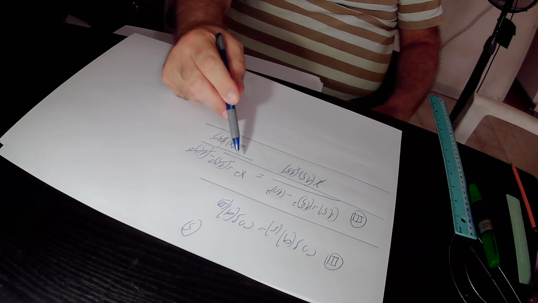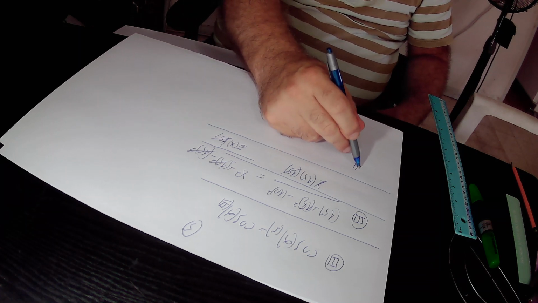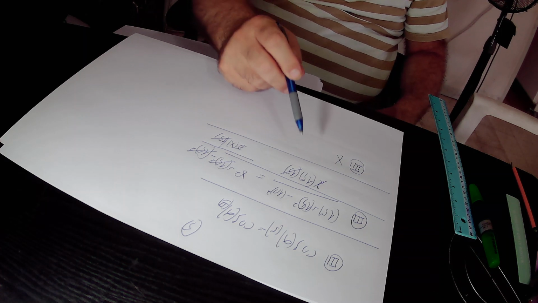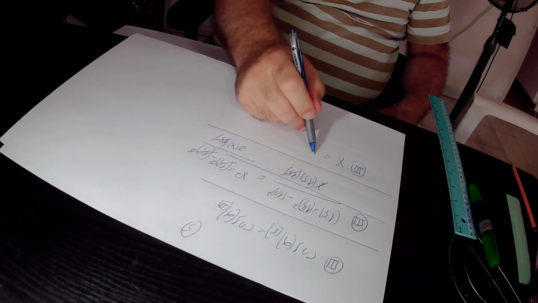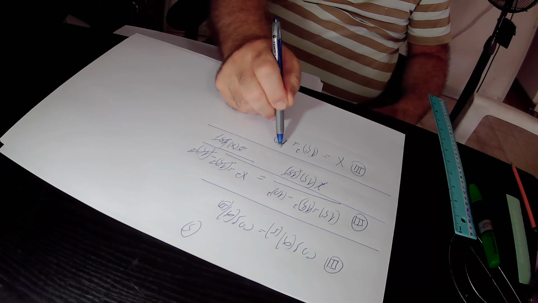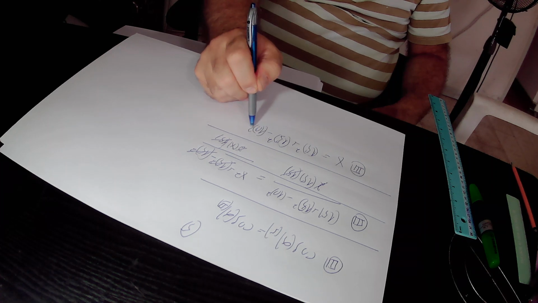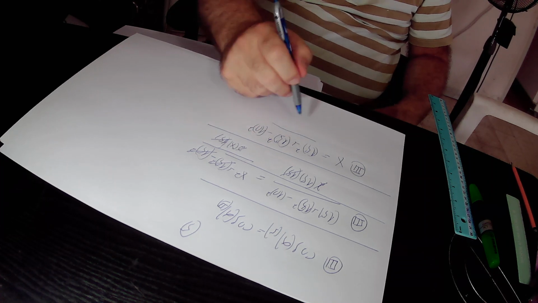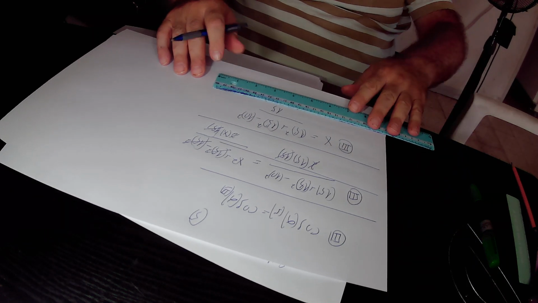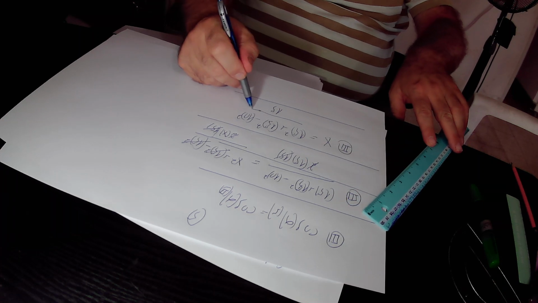On the other side of equation 3 we are left with 15 squared plus 15 squared minus 10 squared divided by 15. So x equals 15 squared plus 15 squared minus 10 squared over 15.